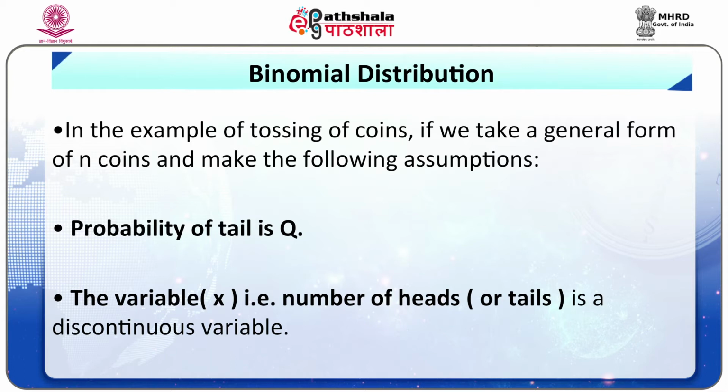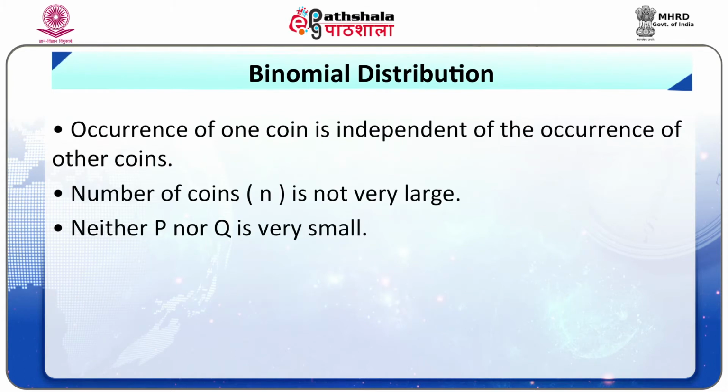Discontinuous means it can occur only in integers 1, 2, 3, 4. It will not occur in decimal. Occurrence of one coin is independent of the occurrence of the other coins. And the number of coins n is not very large.